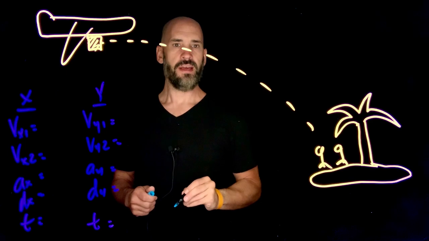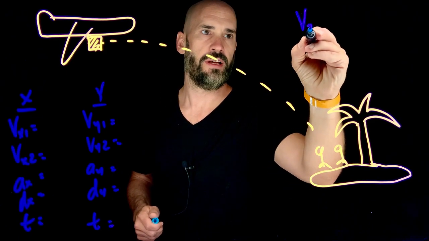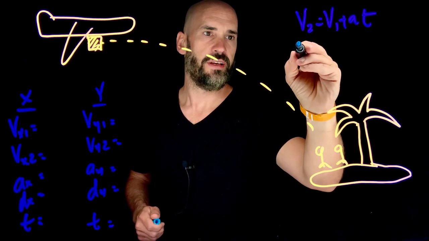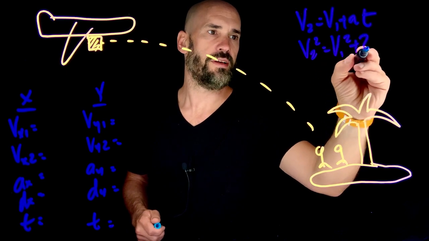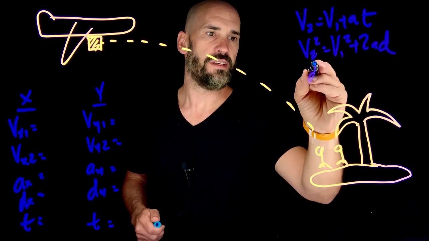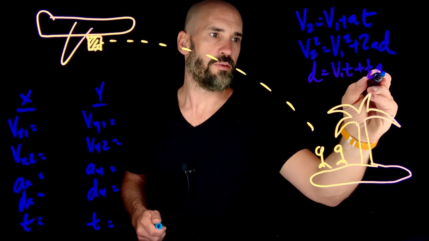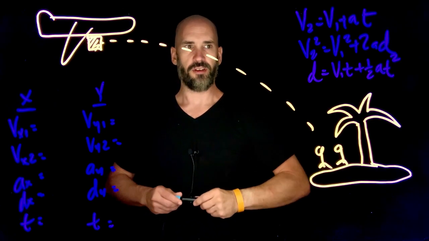I'm also going to write my three kinematic equations. So I have v2 equals v1 plus at, and v2 squared equals v1 squared plus 2ad, and d equals v1t plus 1/2 at squared. Okay, I think I have everything that I need to solve this problem.